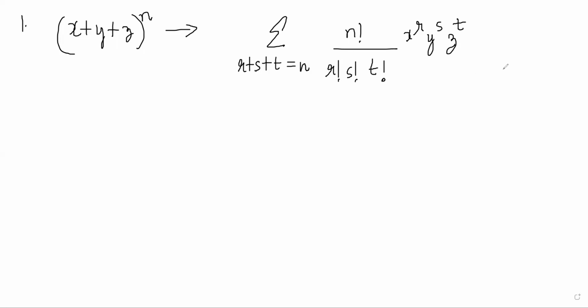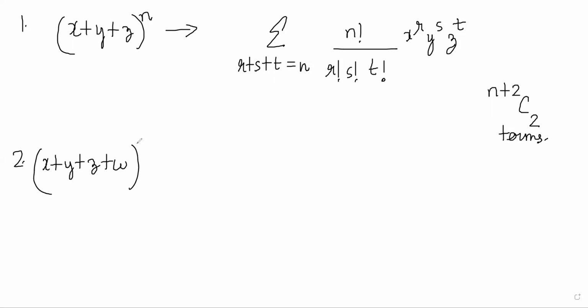And how many terms will be there? There will be n plus 2c2 terms, because the total has to be n and there are three variables. So you use the formula n plus r minus 1 c r minus 1, right? Similarly, a common example is when you have four variables and to the power n.